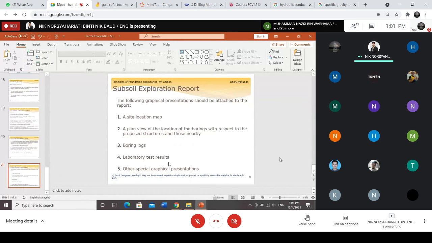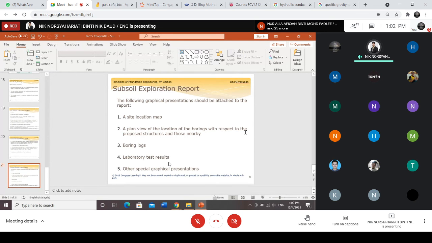Okay. And moreover, in your report, the graphical presentation also needs to be attached, which is the geological map, the one that you shared with us in the previous presentation.